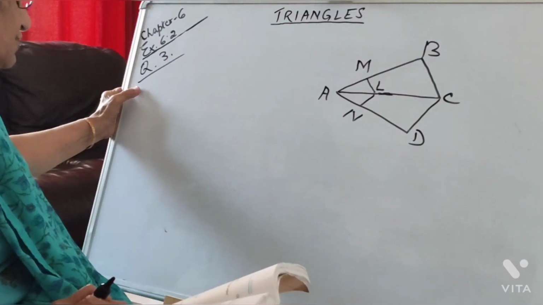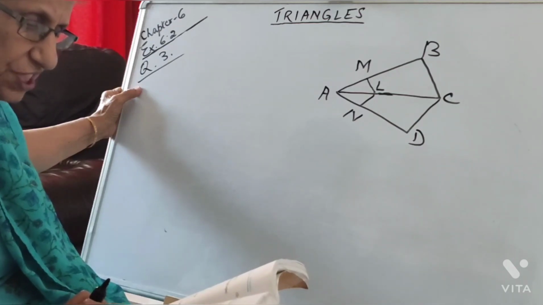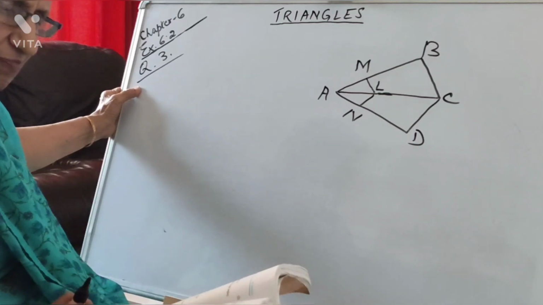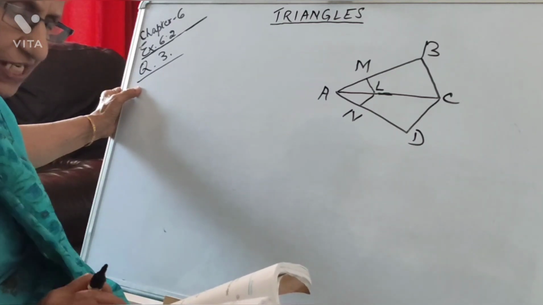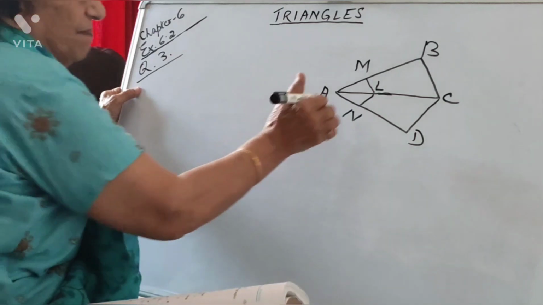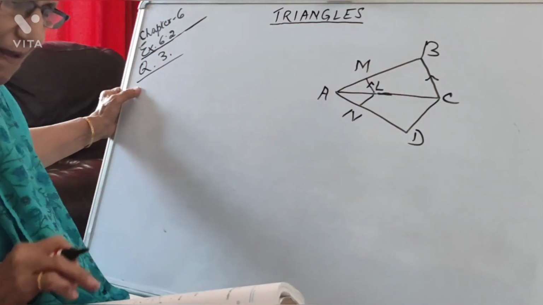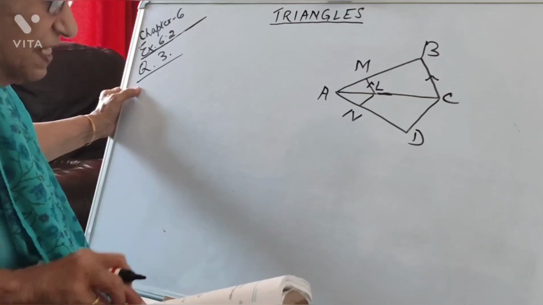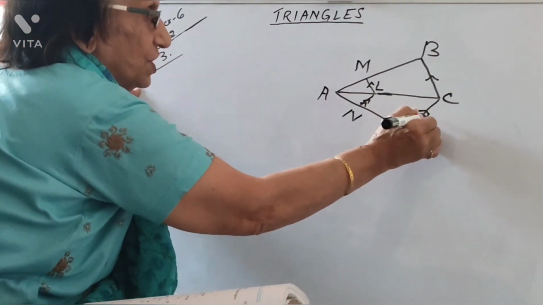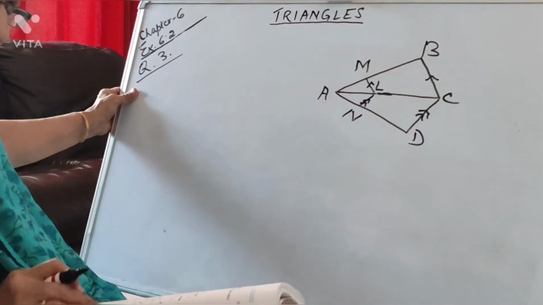Now, let us do question 3. In figure 6.18, given in the book, it is given LM is parallel to CB. LM, this is LM. This is parallel to this line. And LN is parallel to CD. This and this are parallel, this and this are parallel.